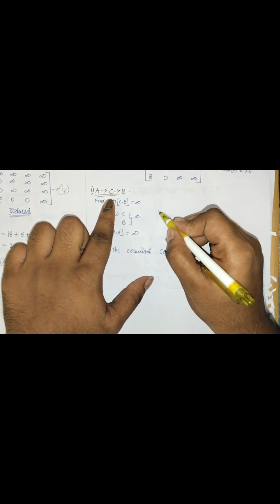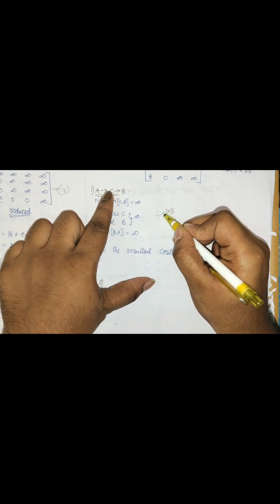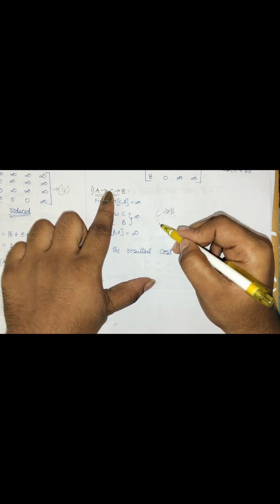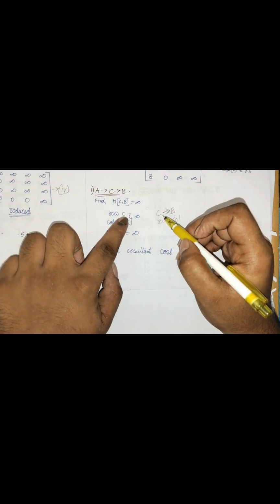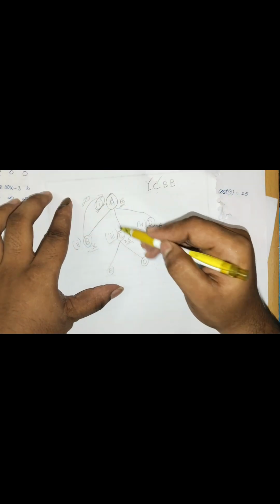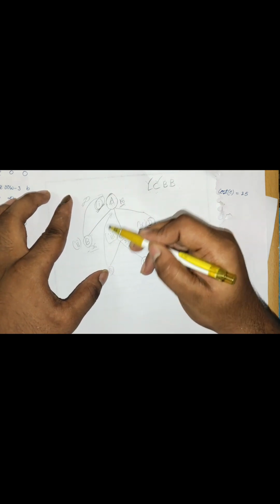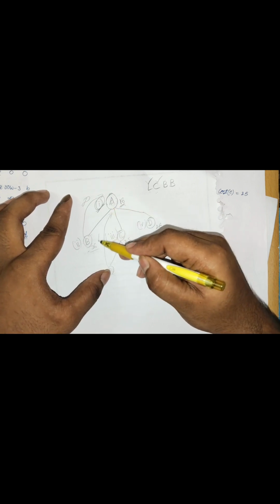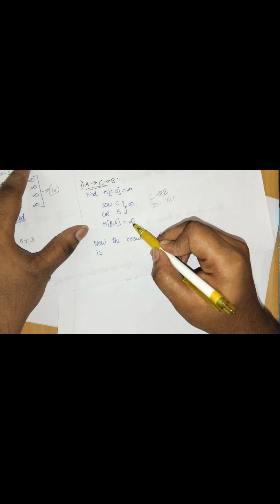Next, we are calculating for C to B. Since A to C is already visited, now you are visiting B from C. So the C row should be made infinity and the B column should be made infinity, same as the previous step. This is a small change: you are visiting A to C and C to B, so you can't go to A from B. So B comma A should be replaced with infinity. That's the same thing I have written here. Replace B comma A with infinity.